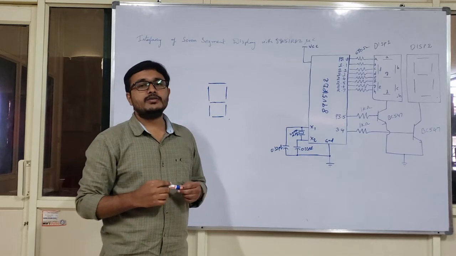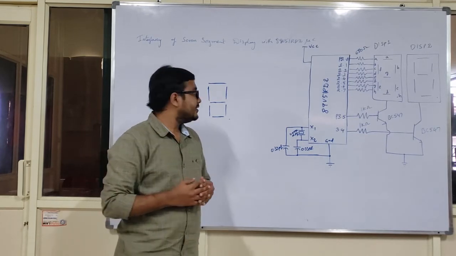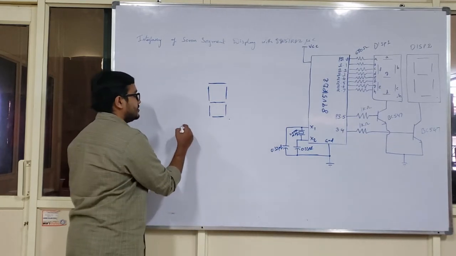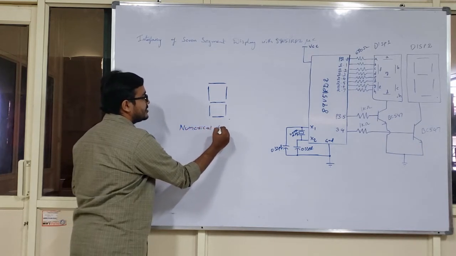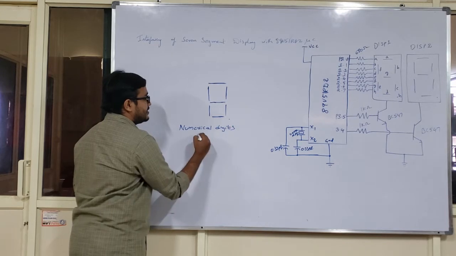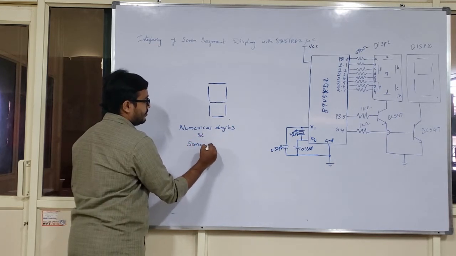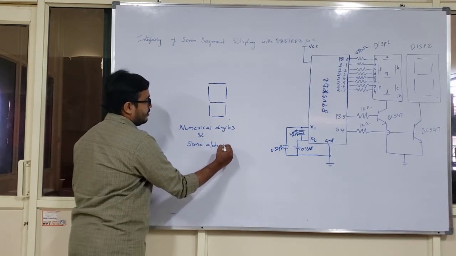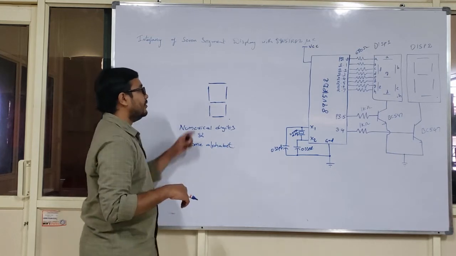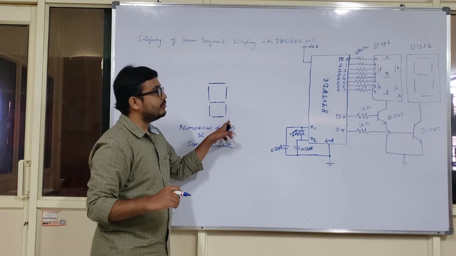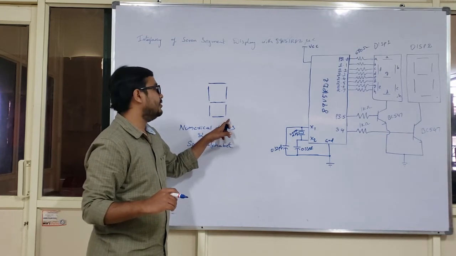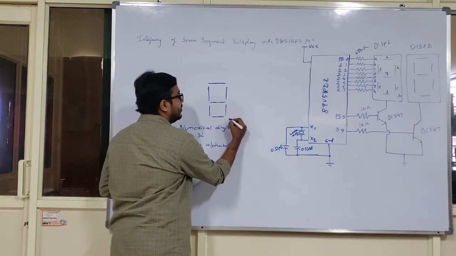This 7-segment display is used to display numerical digits and some alphabets. Apart from these 7 segments or 7 LEDs, there is also one more LED here, that is the dot.